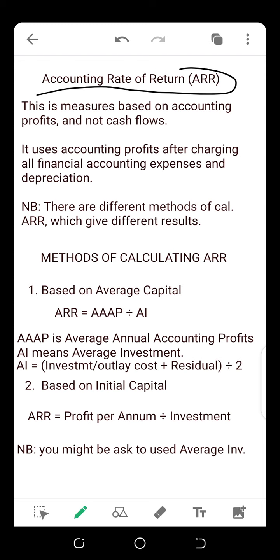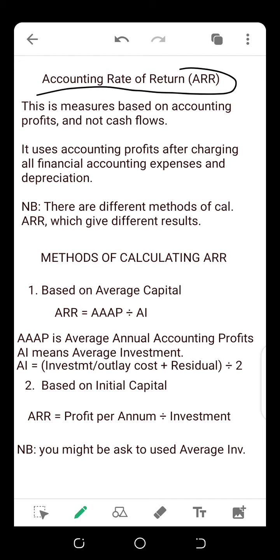But the average method is always acceptable under examination conditions where you are not required to calculate another method. If the question is silent, it is advisable you calculate it using average capital. Now, what are the methods? Let's take it one after the other.